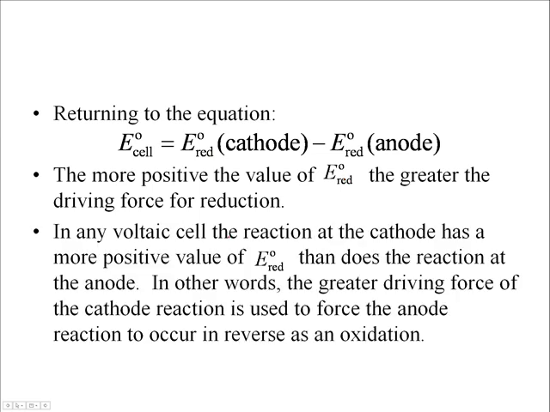Because this is a spontaneous reaction, E cell has to be positive. For E cell to be positive, the cathode must have a higher standard reduction potential than the anode.